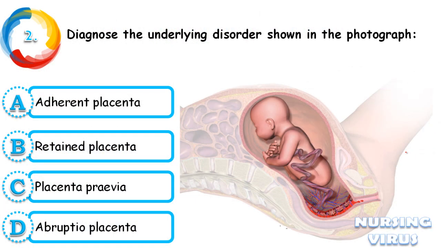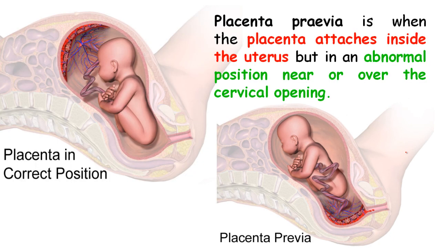Second image, diagnose the underlying disorder shown in the photograph. Options are adherent placenta, retained placenta, placenta previa, abruptio placenta. The correct option is placenta previa. Here we'll see the normal placenta and its correct position in image 1.